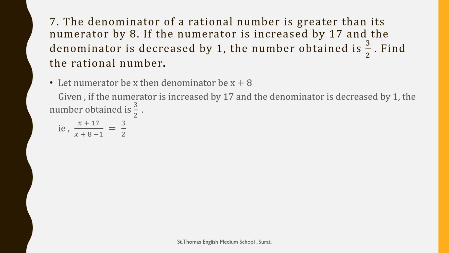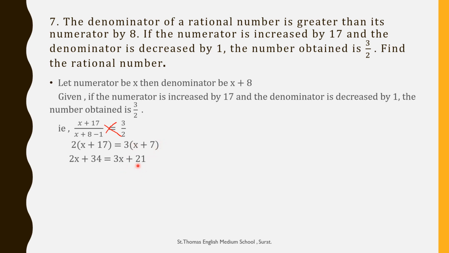Again cross multiplication. So that is 2 bracket x plus 17 is equal to 3 bracket x plus 8 minus 1, that is 7. So we can write x plus 7. Now remove the bracket. 2 into x, 2x, 17 2s are 34 is equal to 3 into x, 3x plus 3 7s are 21.